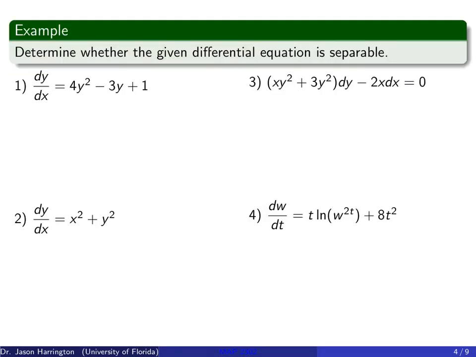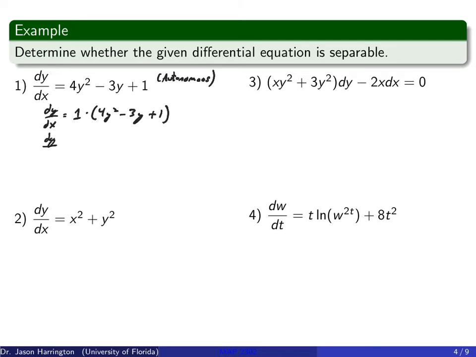So before we figure out how to solve them, let's figure out how to recognize them first. Now this first example that I have is dy over dx is equal to a function of just y. And if you remember, this is actually autonomous. Now what this says is that there really is no function of x on the right hand side, but I can write it this way. dy over dx is equal to 1 times 4y squared minus 3y plus 1.